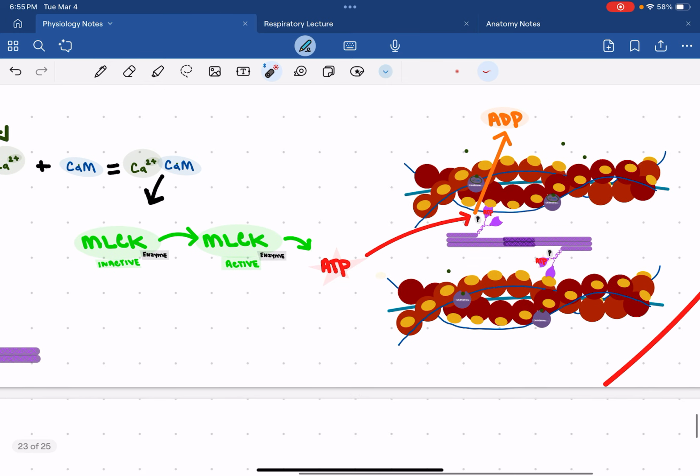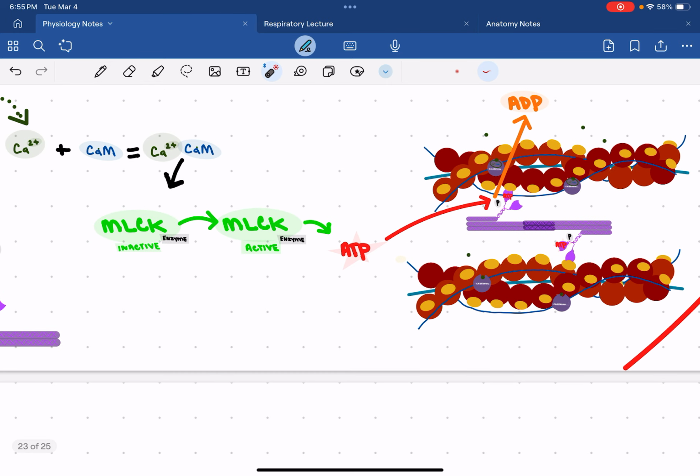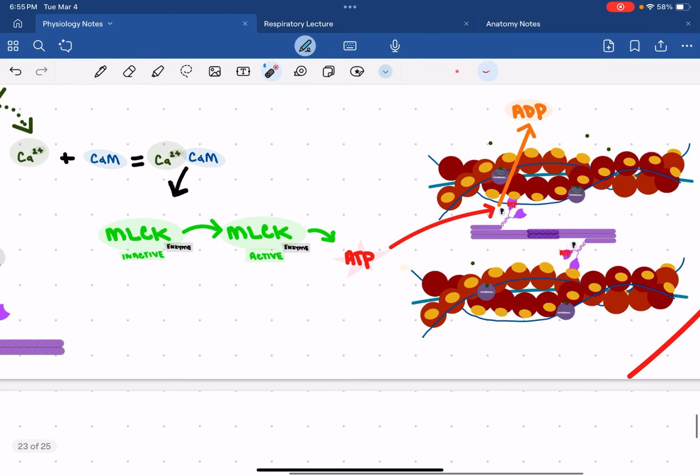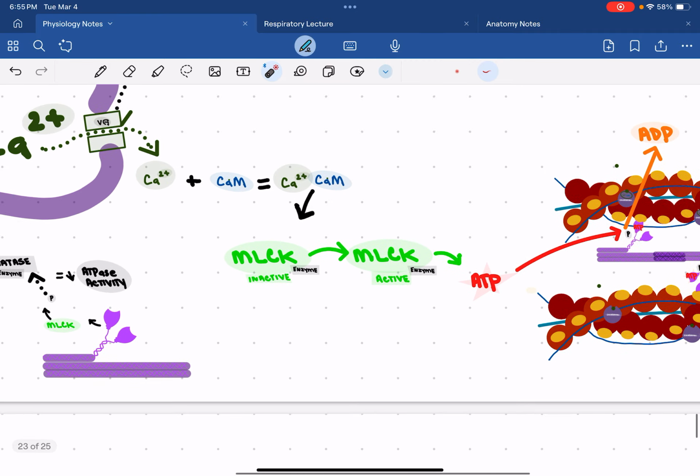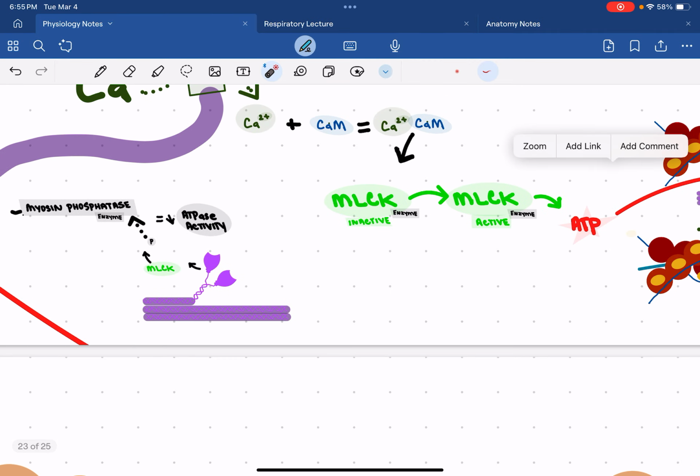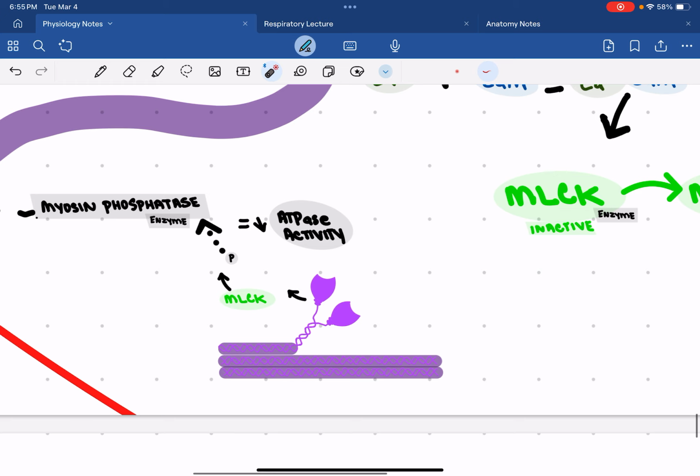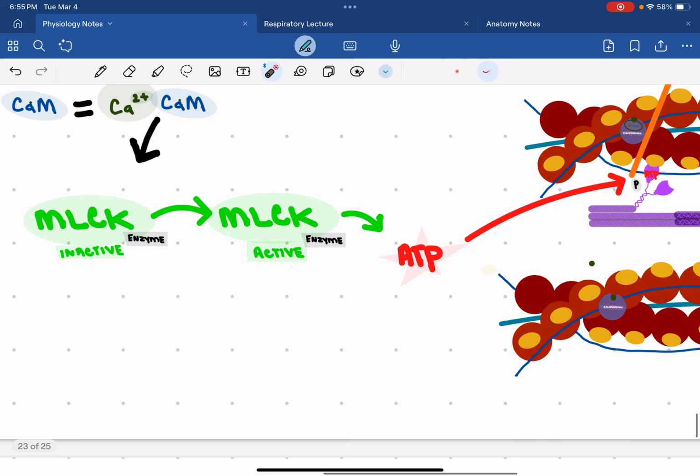Myosin phosphatase will come in, and I should probably draw this too. I wanted to do something separate. Oh, actually, I kind of have it right here. So, remember how ATP was hydrolyzed, like the MLCK? ATP gets hydrolyzed.